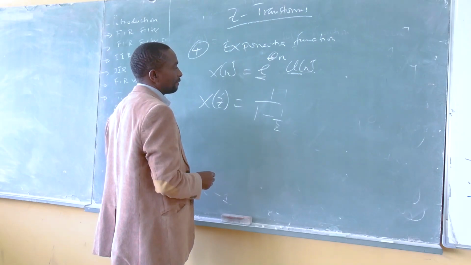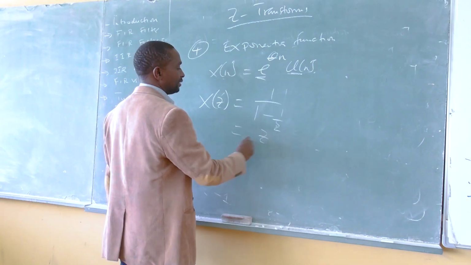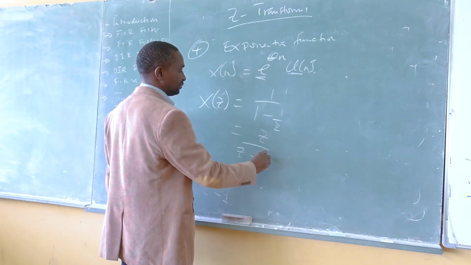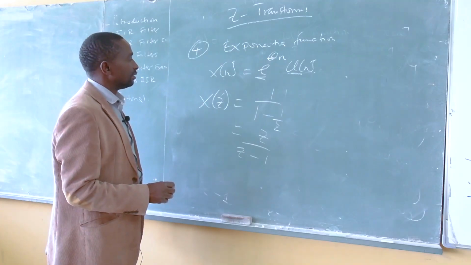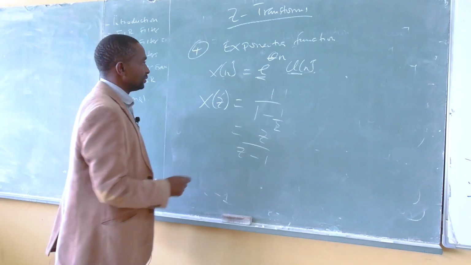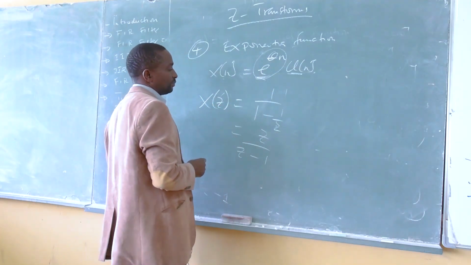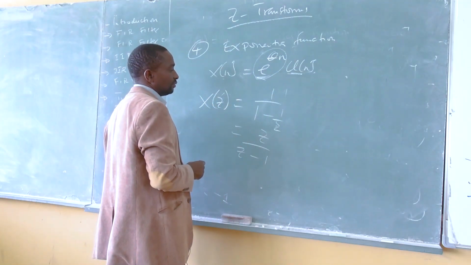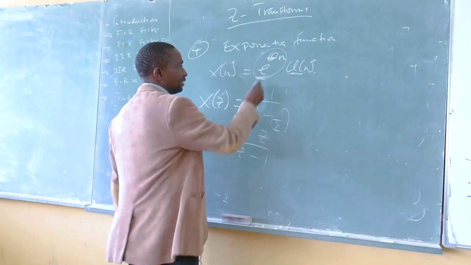Okay, but then we have said that this is the same as z over z minus 1 in terms of a unit step function. But because we are finding the one for the exponential function, we can multiply this part by the exponent.